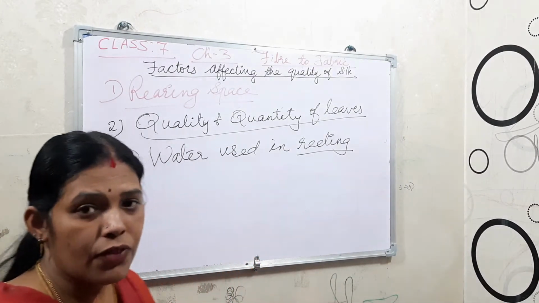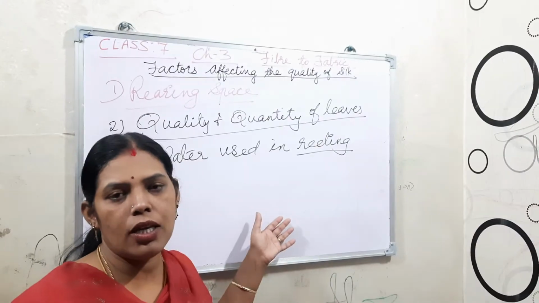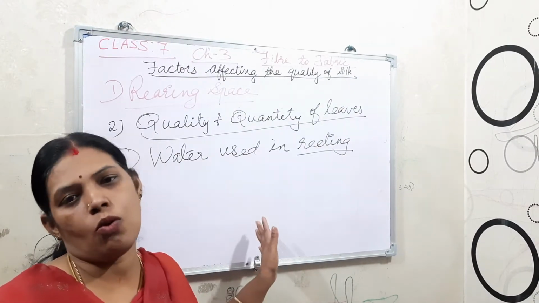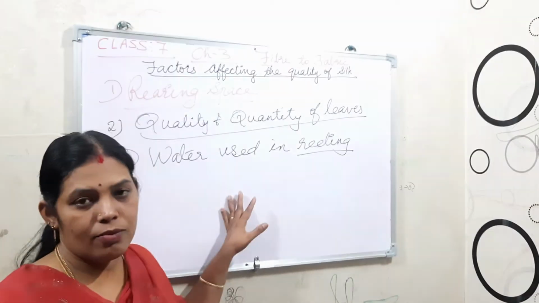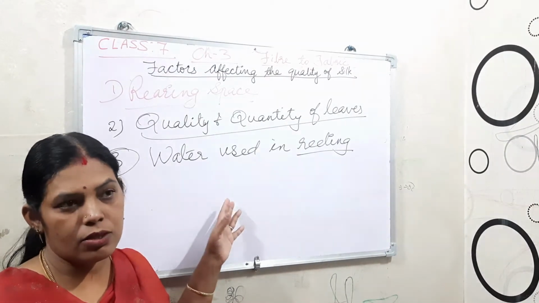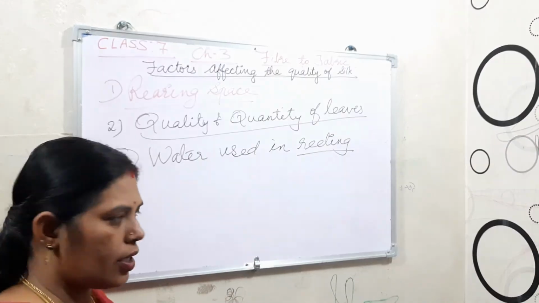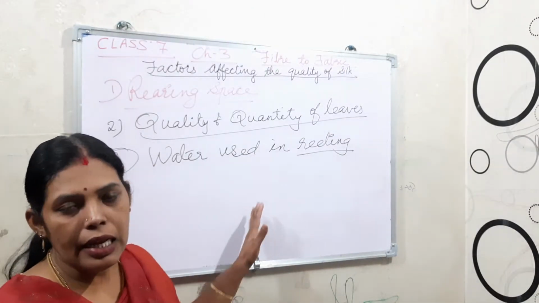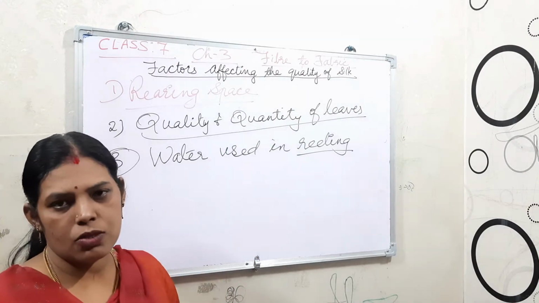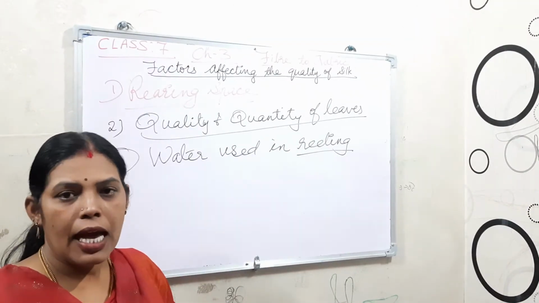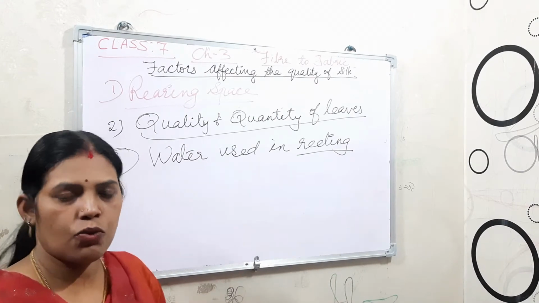Because of the luster, silk is more costly, and that will be reduced if we use unpurified water. So purified, clean, pure water should be used for the reeling process, for boiling the cocoons as well as for removing them.